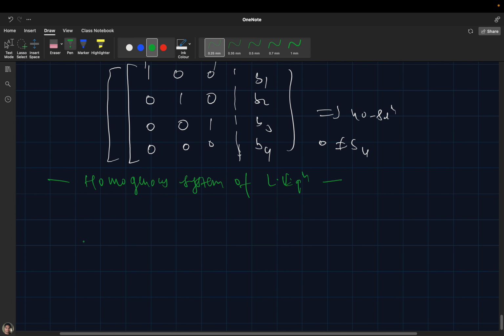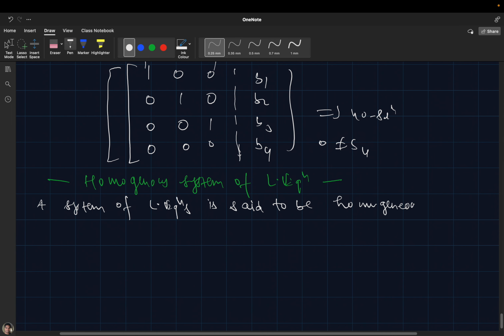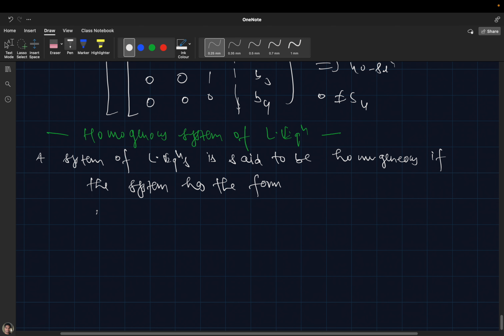A system of linear equations is said to be homogeneous if the system has the form like this: a11 x1 plus a12 x2 plus dot dot a1n xn equal to 0.